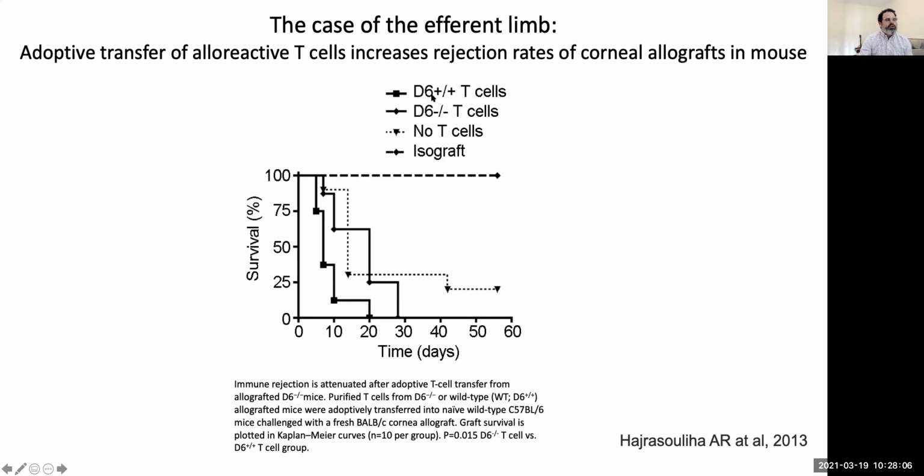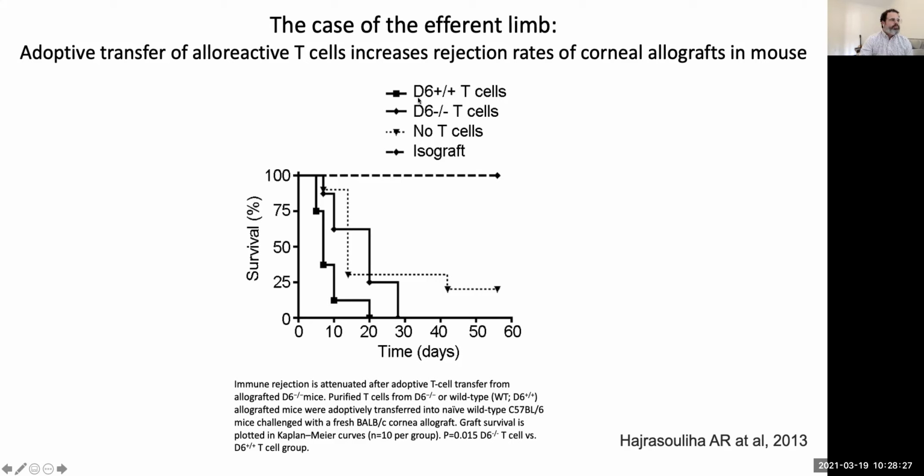D6 is a gene specifically that they looked at as a decoy receptor. That's not really relevant to this talk. If you look at the D6++, you can just consider those wild type T cells. These are taken from primed, immune rejected animals transferred to a freshly transplanted mouse.